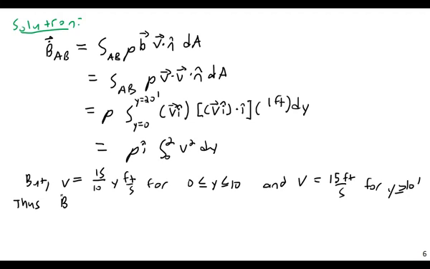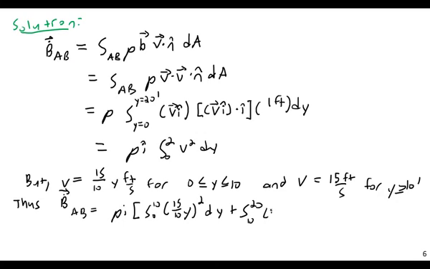Thus, b dot AB is equal to rho times I hat, times the integral from 0 to 10 of (15 over 10 y) squared dy, plus the integral from 10 to 20 of 15 squared dy.